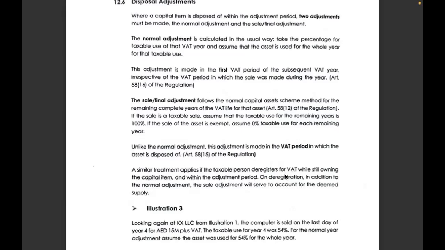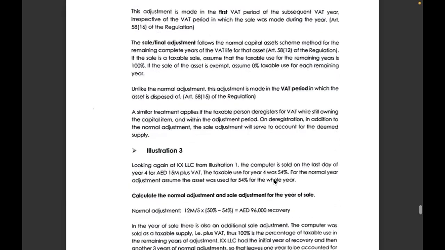The similar treatment applies to a taxable person deregistered for VAT while still owning the capital items. And within the adjustment period, on deregistration, in addition to the normal adjustment, the sale adjustment will serve to account for the deemed supply. So as I said earlier, the assets lying in your balance sheet, we will consider these assets as if they are supplied, as if they are sold. So that's how it is.